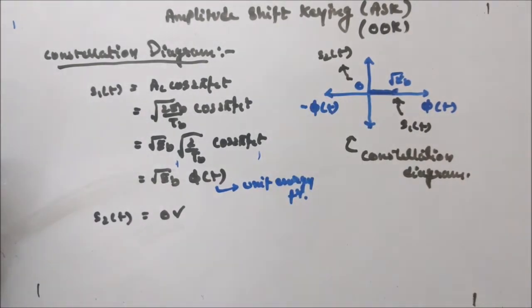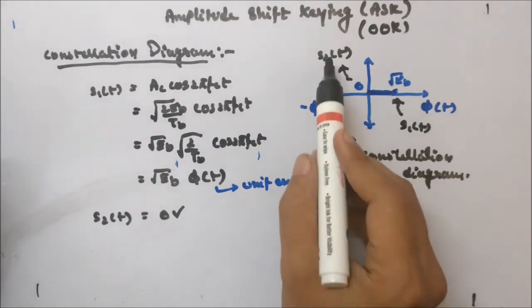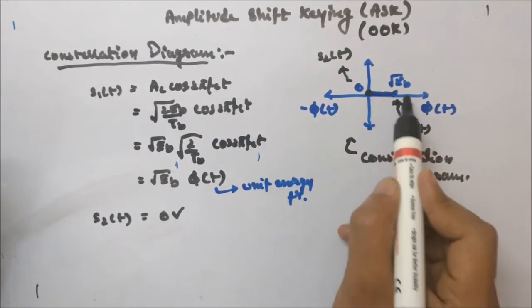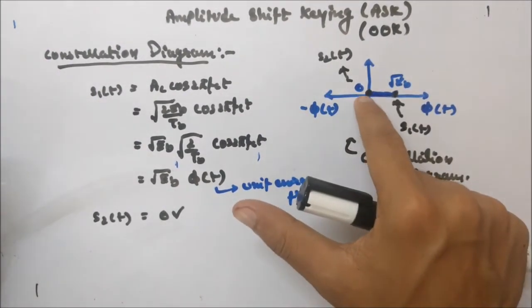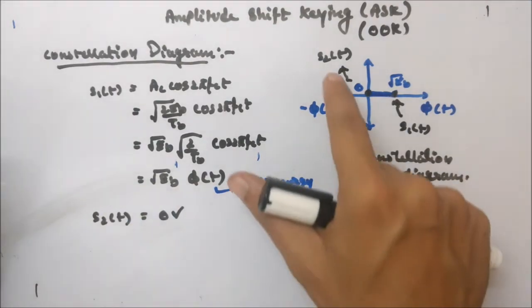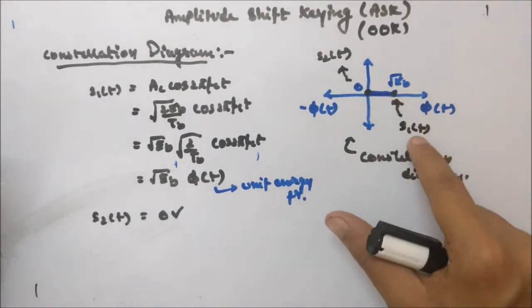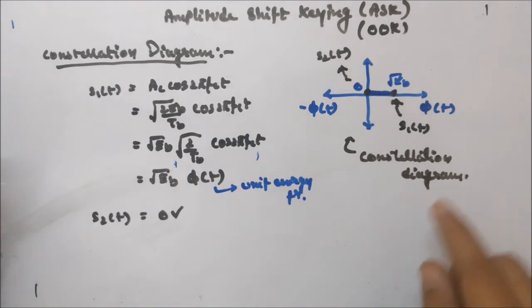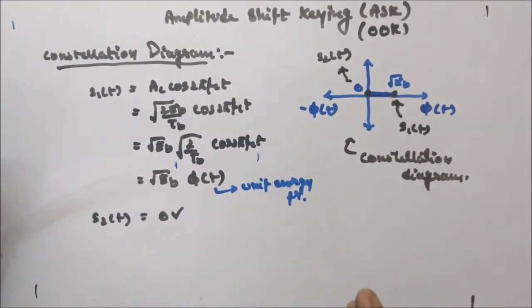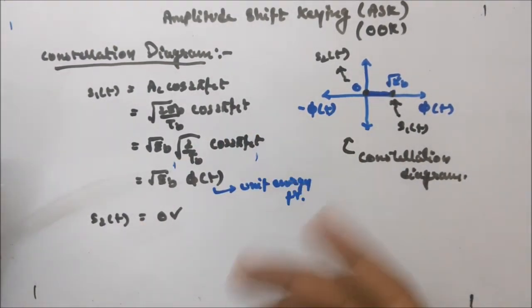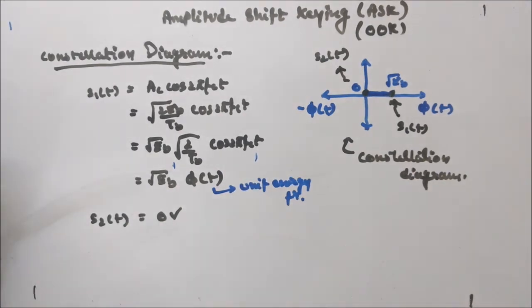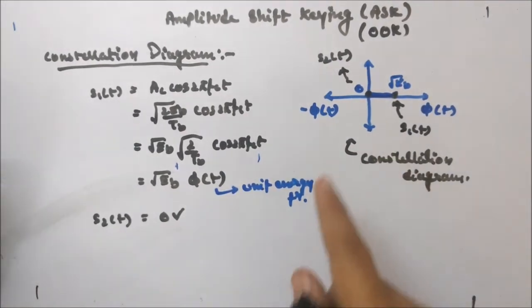So the 0 point is your S2t, and these are the constellation points in the constellation diagram. This is your constellation diagram. This 0 is represented as your S2t, and S1t is represented by under root EB. This is a nice, pictorial way of representing digital transmitted signals, that is ASK, PSK, and also FSK. From this you can extract most of the information.